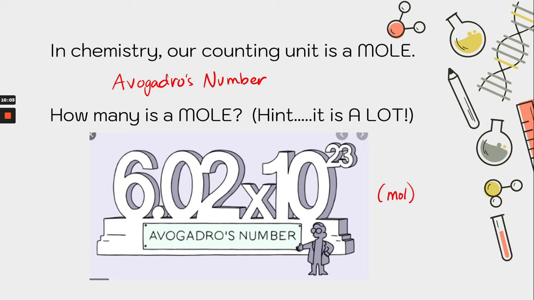So what on earth is an elementary entity? Well, it just means it's this many of anything. It could be this many atoms. It could be this many molecules. It could be this many ions. It could be this many elephants. If you have a mole of elephants, you have 6.02 times 10 to the 23rd elephants.